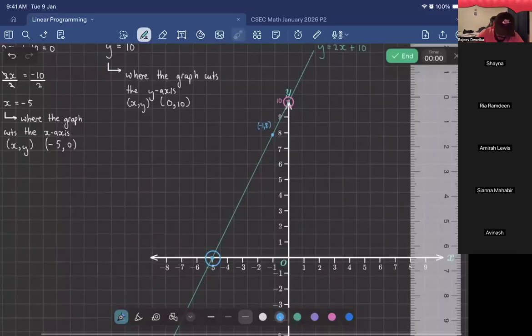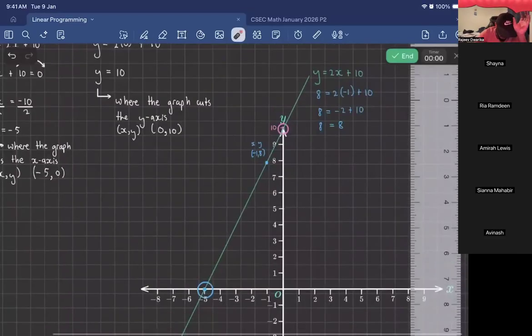Watch. So can we see for ourselves that y is equal to whatever 2x plus 10 is? Yes, because isn't 8 equal to 8? Yes, sir. So Ria, if I pick any point on this line, will it be less than, more than, or equal to?